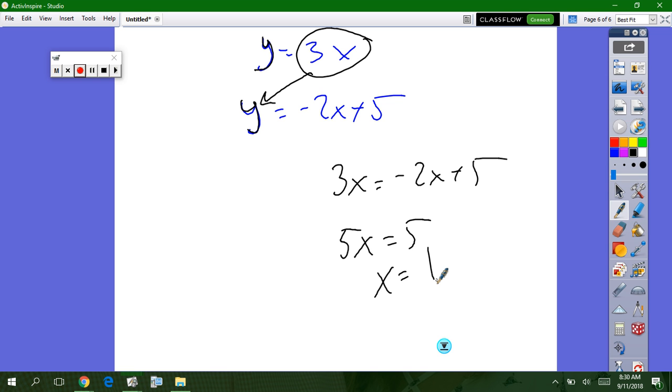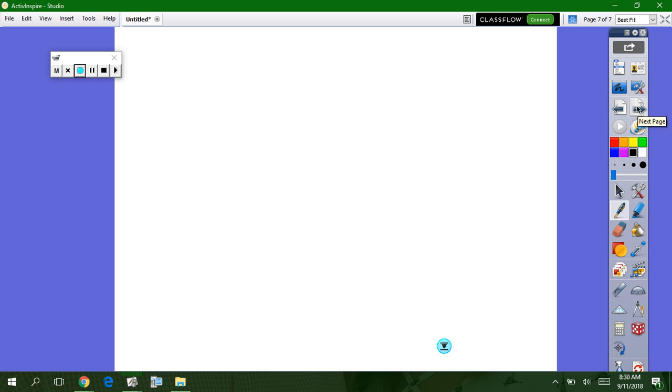I believe the top one worked the best for me. So y is 3. I plug 1 in. 3 times 1 is 3. Okay. I'm going to do a quick one right here.